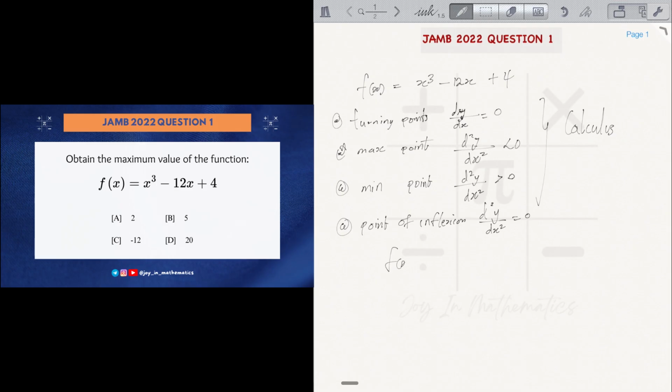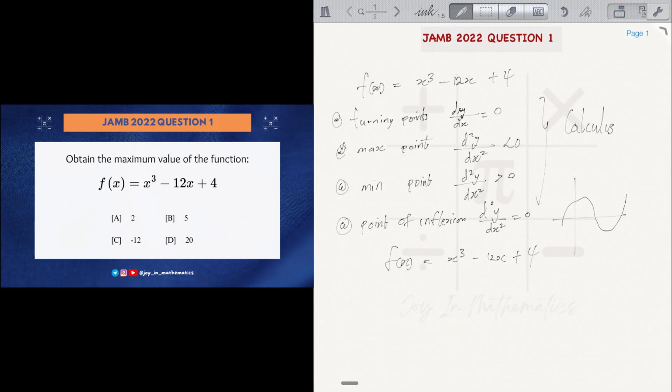F of x is equal to x raised to power 3 minus 12x plus 4. We are asked to evaluate the maximum value. So the first thing to do is to evaluate dy/dx, because the graph of this could be like this.